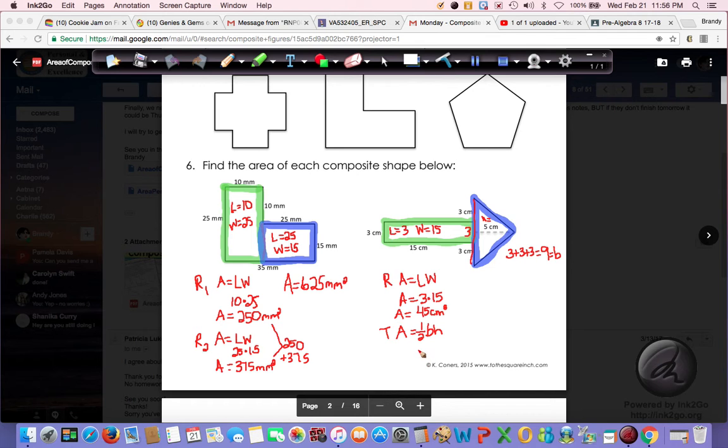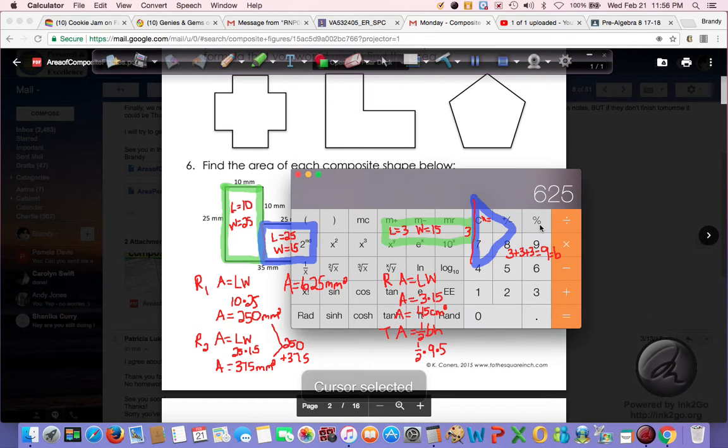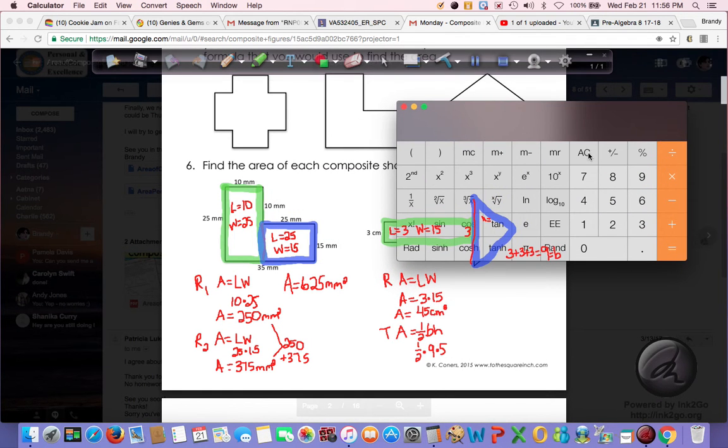Now we can do our formula because we've labeled all of our pieces. So we have 1/2 times the base, which is 9, times your height, which is 5. So we'll grab our handy dandy calculator, right, and clear this out. And we have 1/2 times 9 times 5.